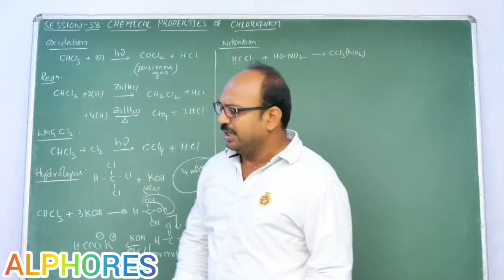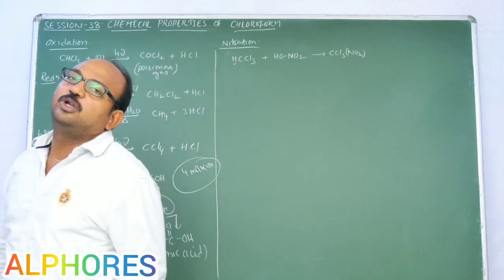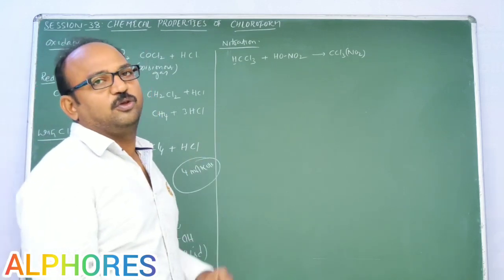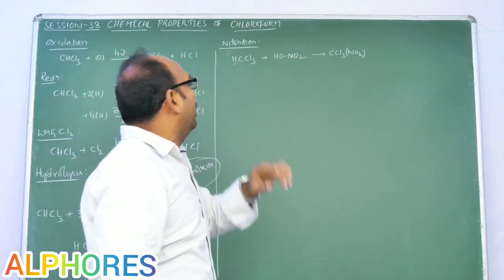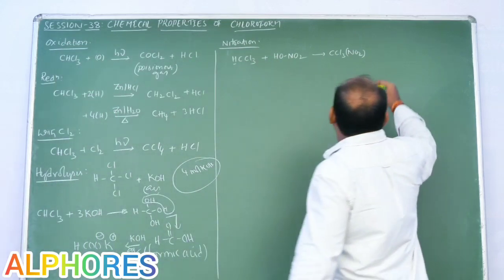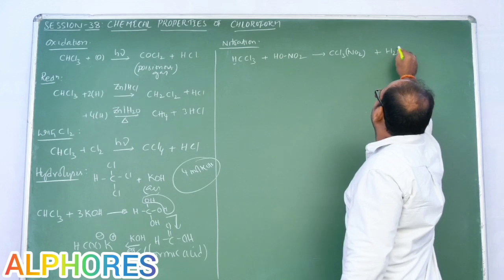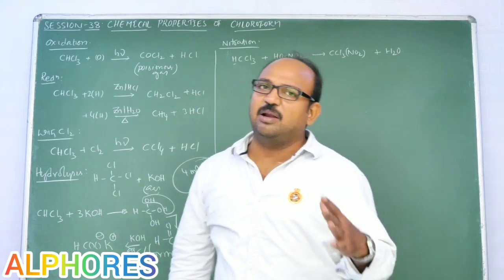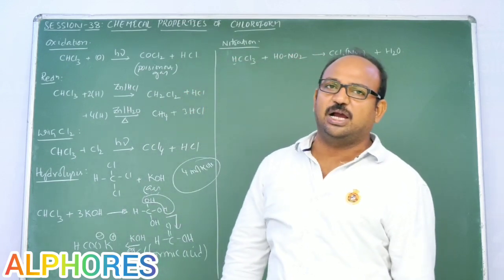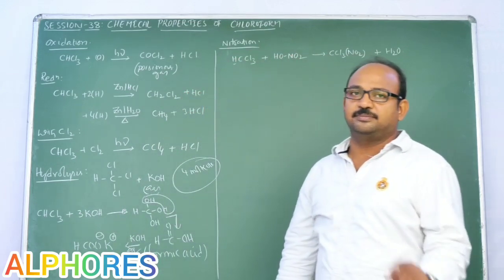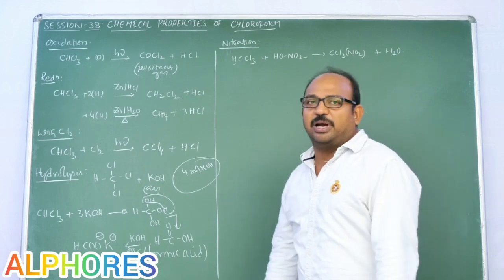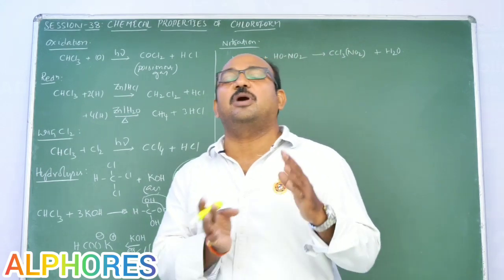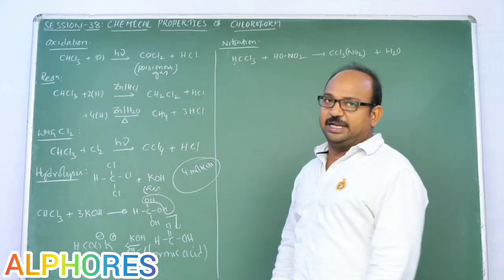CCl3NO2. Here, if you observe the reaction, 2 molecules combine to form 1 molecule with elimination of a small molecule. What is that small molecule? Water. 2 or more molecules combine to form a large molecule with elimination of small molecules; such reactions we call condensation.